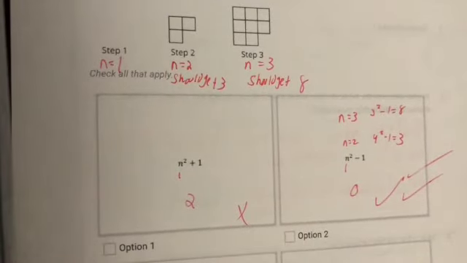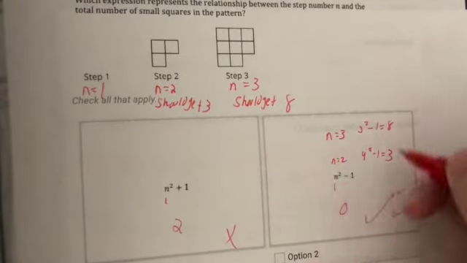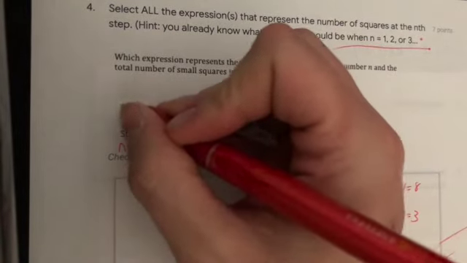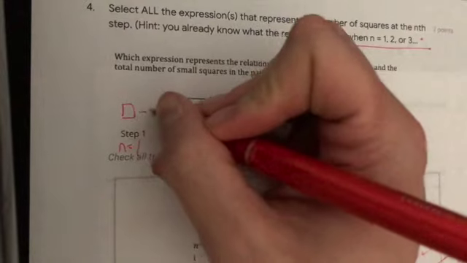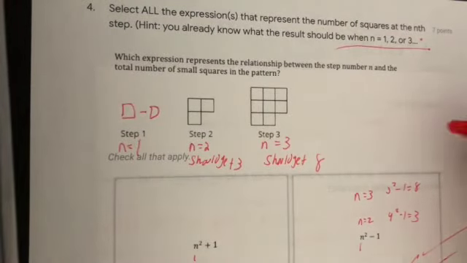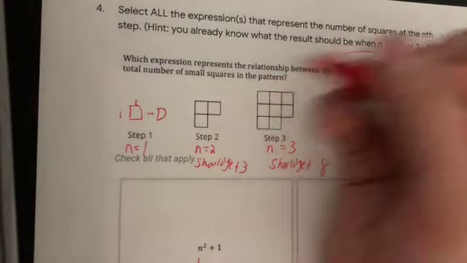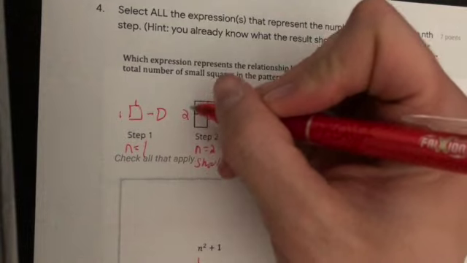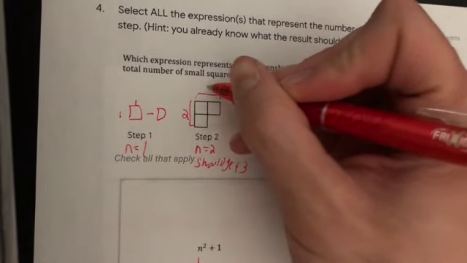All right. So let's see, where do we see n squared minus 1 up here? Well, I know that 1 squared is 1, so a 1 by 1 square, and then minus a 1 by 1 square. That gives me 0. Now for a 2 by 2, I see I have a 2 here, which is n, and a 2 here, which is n.